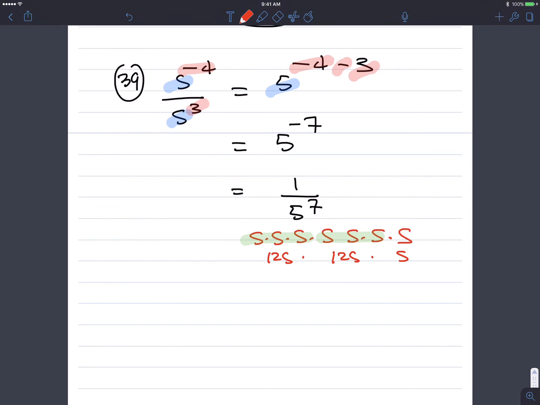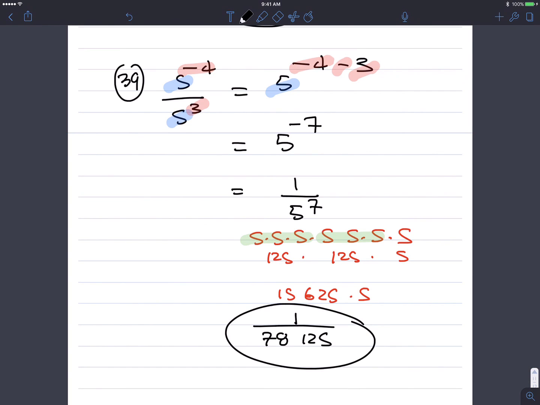If you go through the arithmetic, 125 times another 125 gives you 15,625. We have to multiply that by another 5. We end up with the following answer: 1 over 78,125. Okay, perform that arithmetic. See what you get.